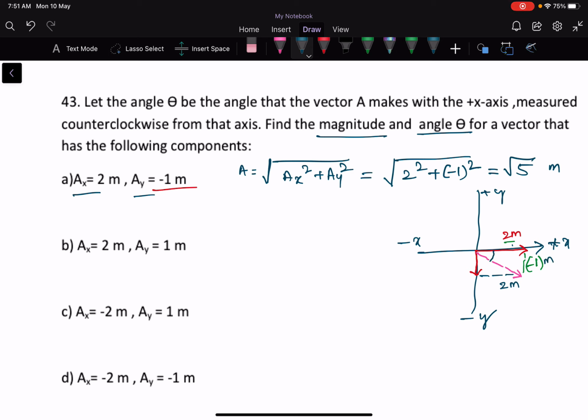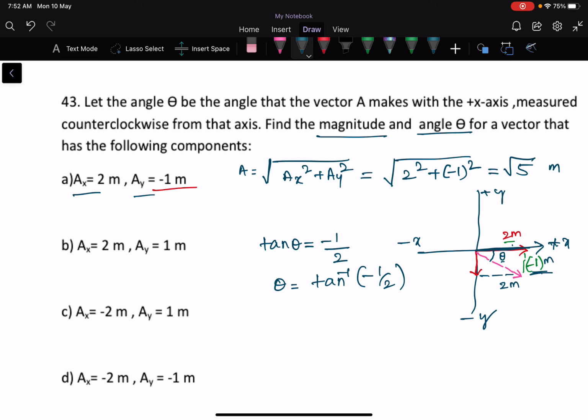So for this angle theta, tan theta is equal to the opposite side, which is minus 1, divided by the adjacent side, which is 2 meters. So theta is equal to tan inverse of minus 1 by 2.